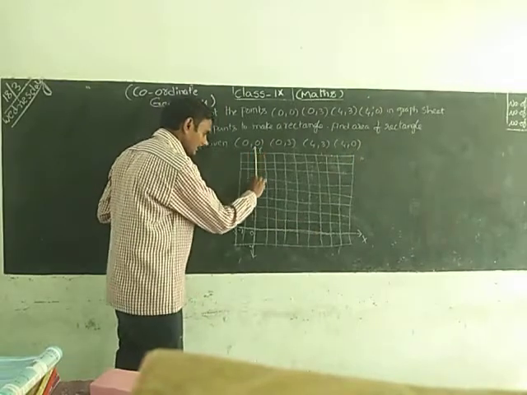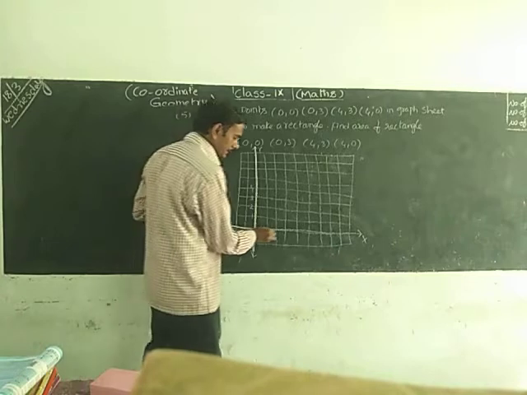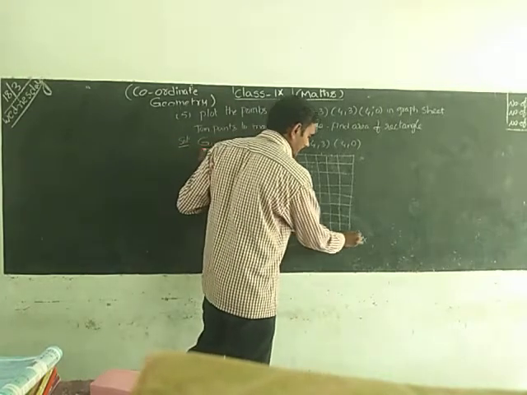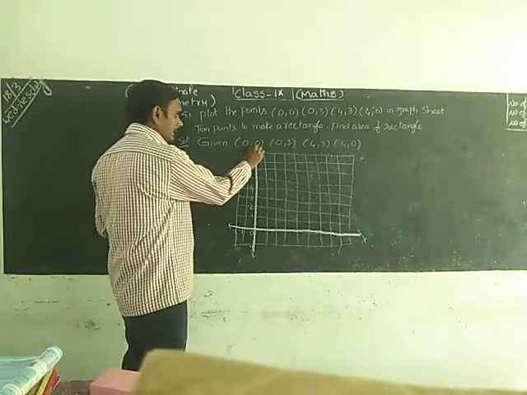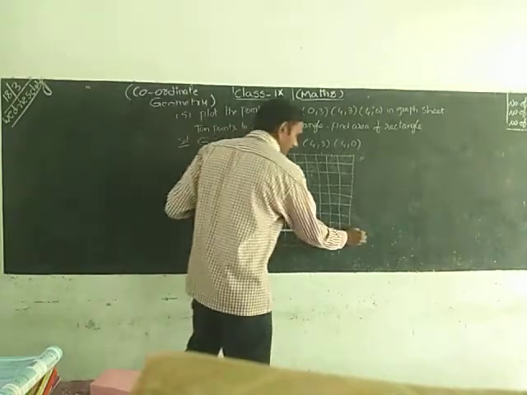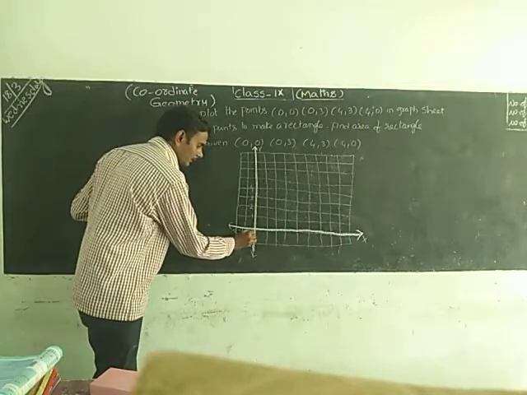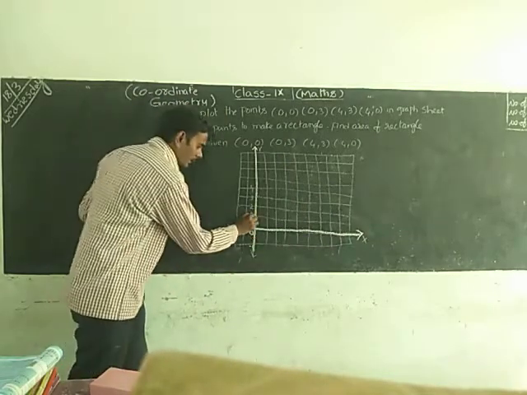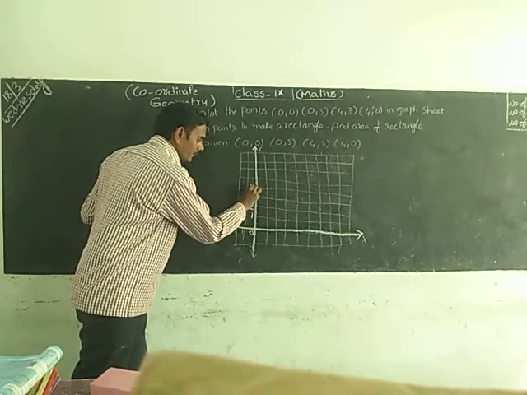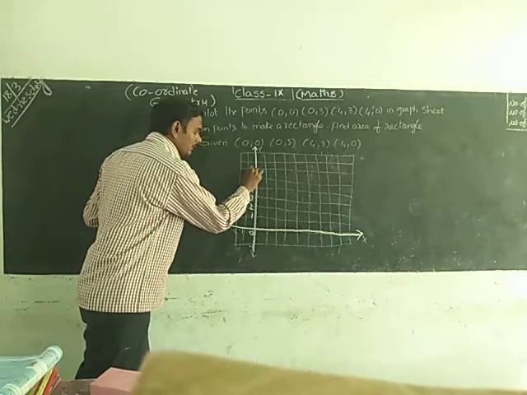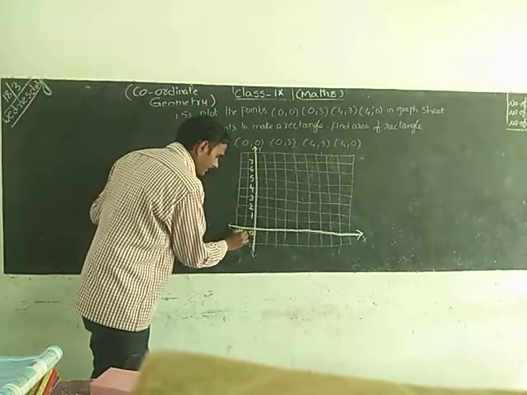This is the y-axis and this is the x-axis. Can you identify now? Both are meeting at a point called the origin, 0, 1, 2, 3, 4, 5, 6, 7. Here minus 1.